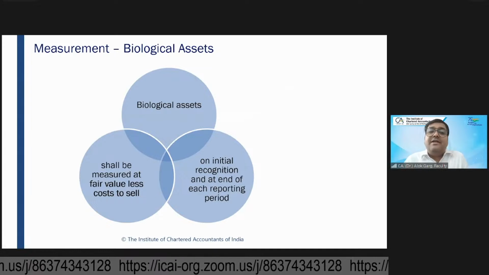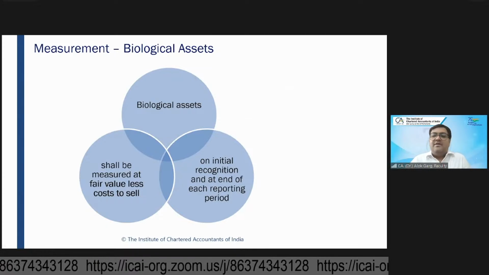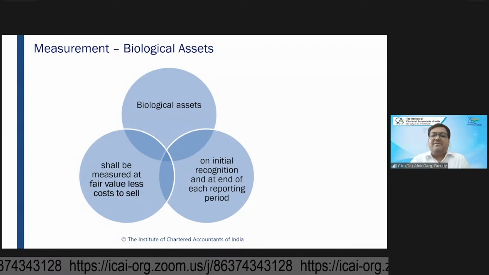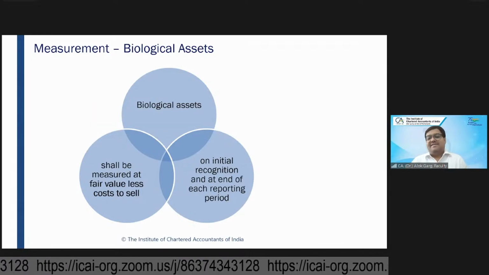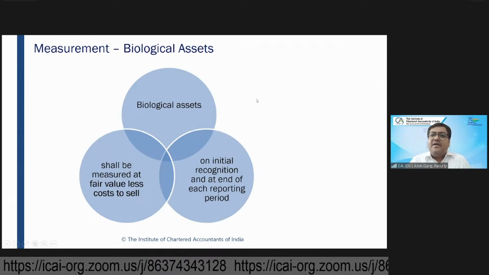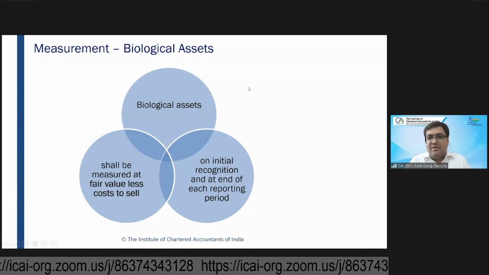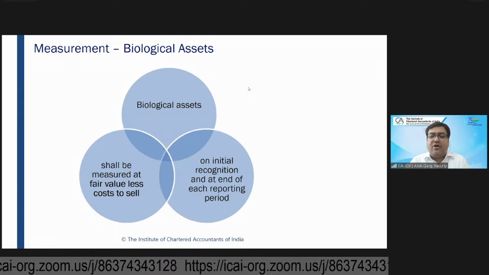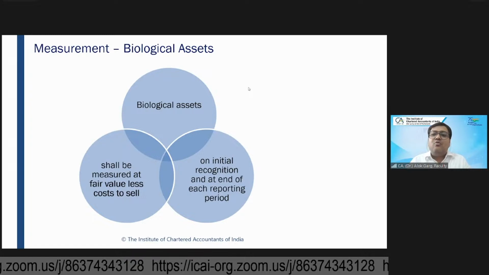Now, after recognition, a measurement criteria is also there. Sir, we understood we have recognized the assets, but how will we measure the asset? For a biological asset, there are two kinds of measurement.